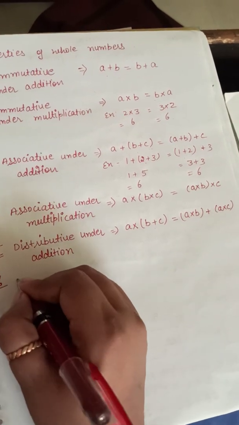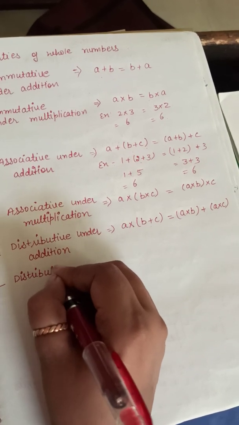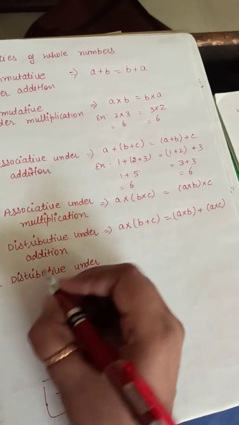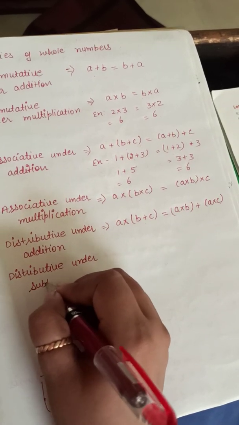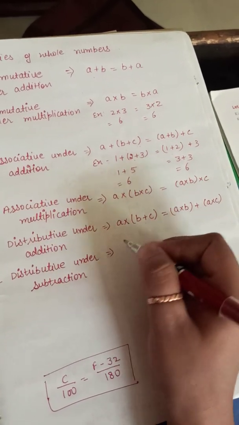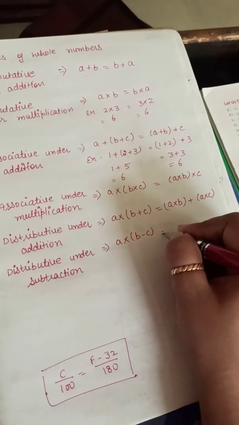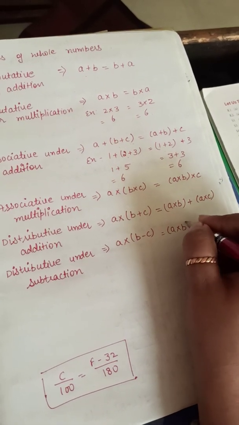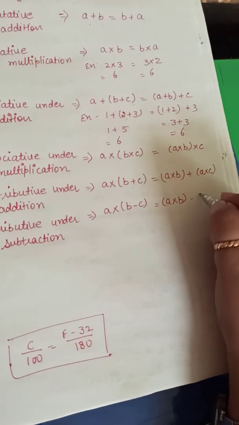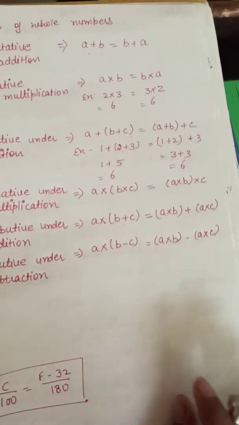Now the sixth one is distributive under subtraction. Right? So in that we will use subtraction, and this is A multiply B minus A multiply C. Clear this one?